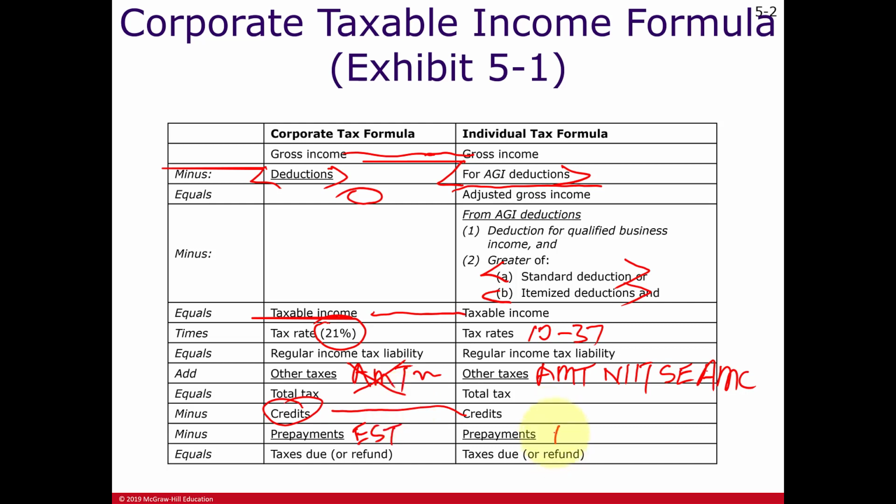That may be also true for individuals, but in the case of most individuals who work as employees, they have income taxes through withholdings, through their paychecks. And of course, any leftover could be refunded or a balance due for both the individual and the corporation.